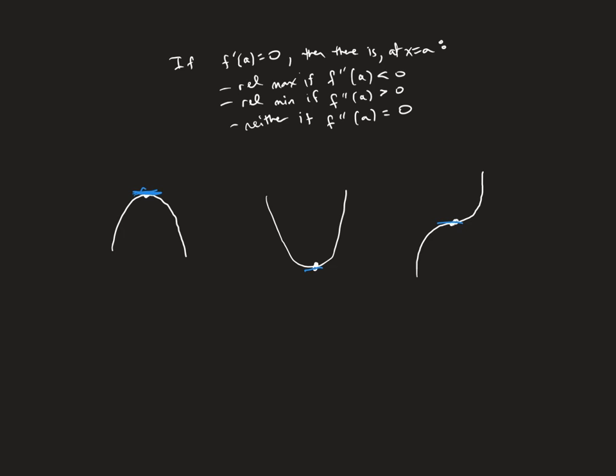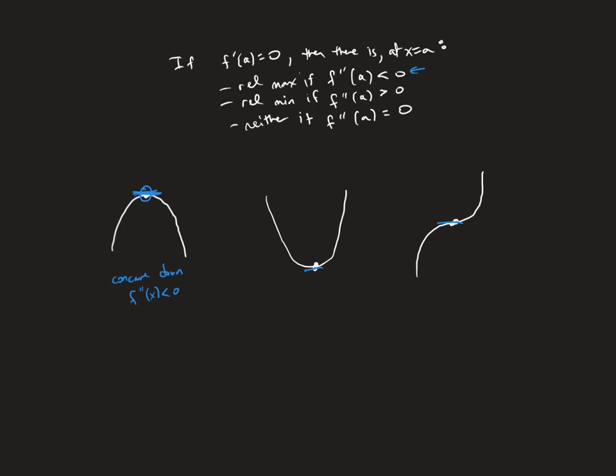Now, here, at that point, the slope is 0, but the graph is also concave down. And if you remember, concave down is implied by f double prime is less than 0. So if you have a slope of 0 and it's concave down, you can clearly see that's going to be a relative max.